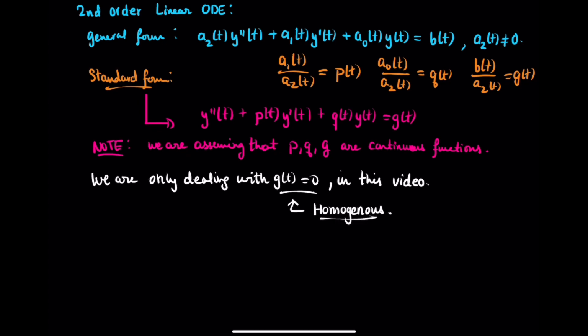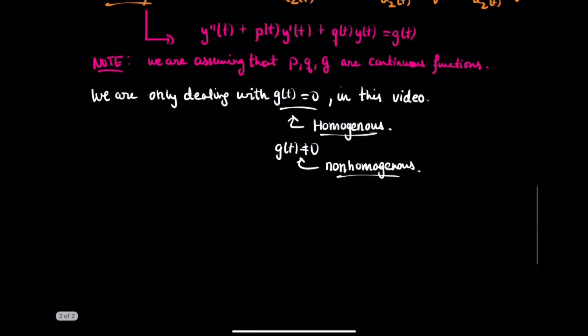And when g(t) does not equal 0, this is the non-homogeneous case. Okay, so two different cases, you've got to know the difference. So we're only dealing with when g(t) equals 0.